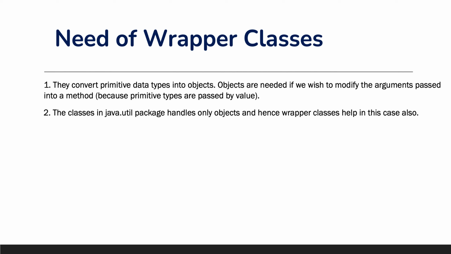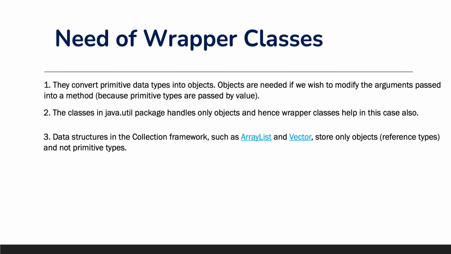The util package is also part of the collection, and hence wrapper classes help in this case also. Next need is that data structures in the collection framework such as ArrayList, Vector and others store only objects, in the sense of reference variables, not primitive data types. So in this case also wrapper classes help to convert primitive data types into wrapper classes, or you can say object classes.